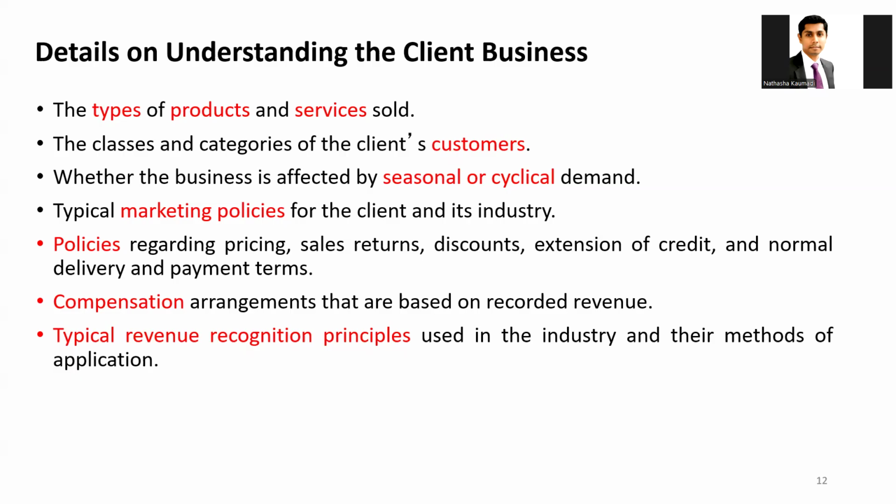Now, when it comes to goods, even though it is one industry, there can be different types of products. Maybe the quantities, the sizes can be different, there can be flavors, different prices, different brands. Likewise, there can be so many product categories. So that is why inherently that is risky.